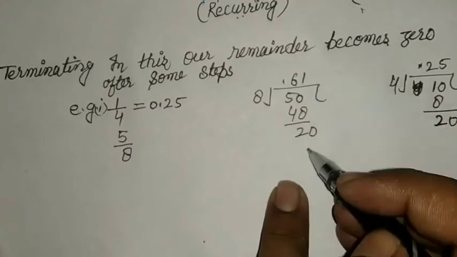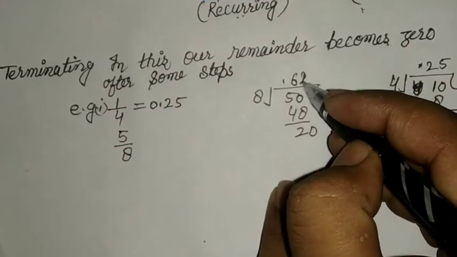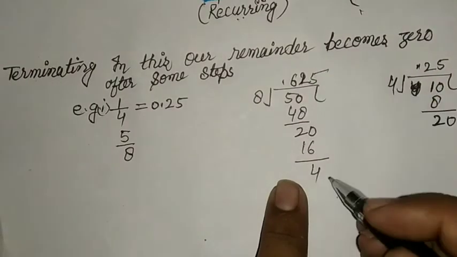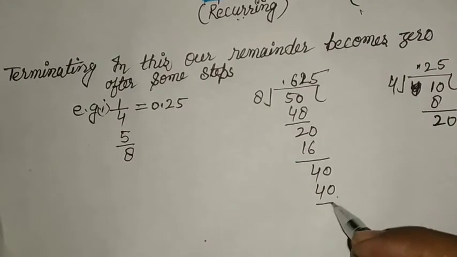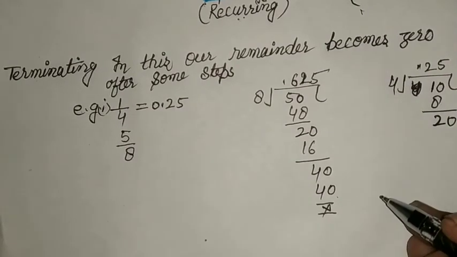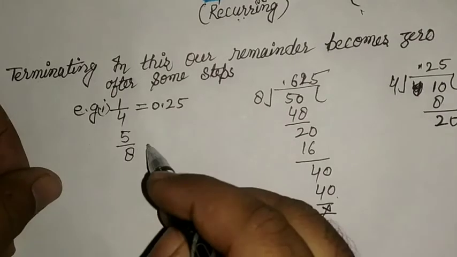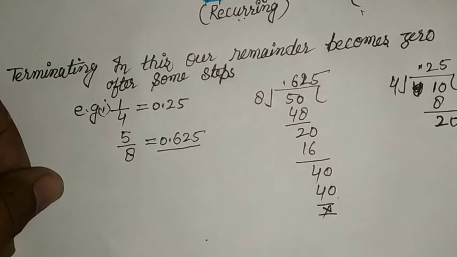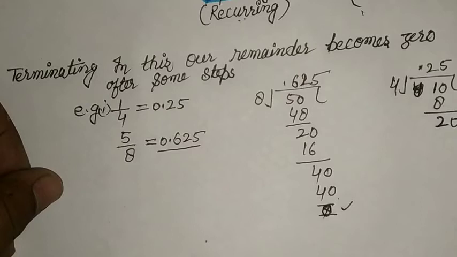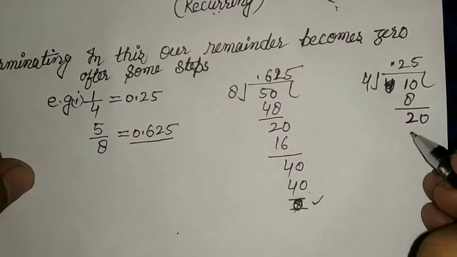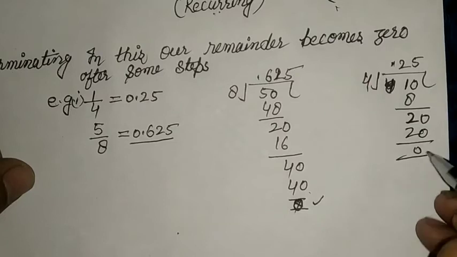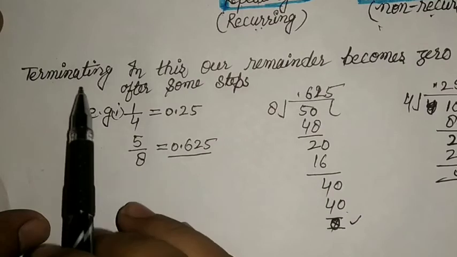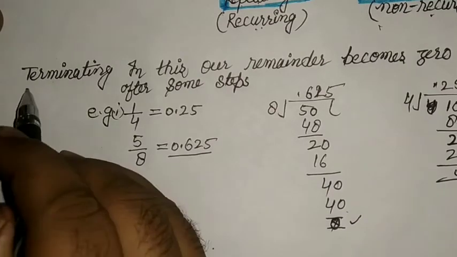Sorry, 8 twos are 16, so we will get 4 here. 8 fives are 40. So we will get 0.625. The remainder becomes 0 after some step. Here also the remainder becomes 0 after some steps. So that decimal is known as a terminating decimal expansion.